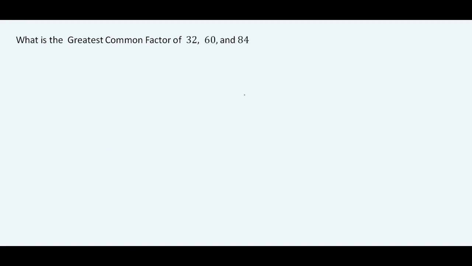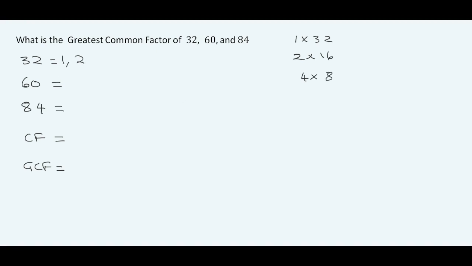Now we look at 32, 60, 84. Then we look at our common factors, and then our greatest common factor. So 32, 1 times 32, 2 times 16, 4 times 8. So 1, 2, 4, 8, 16, 32.